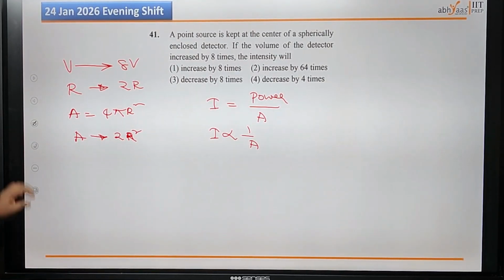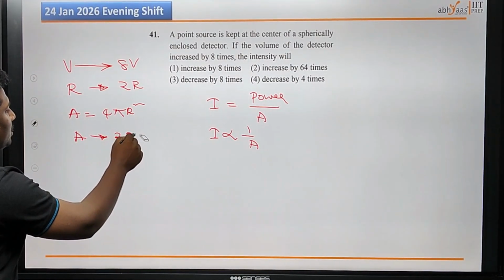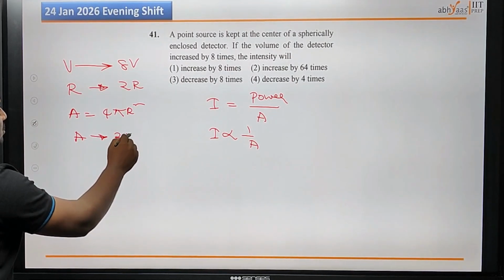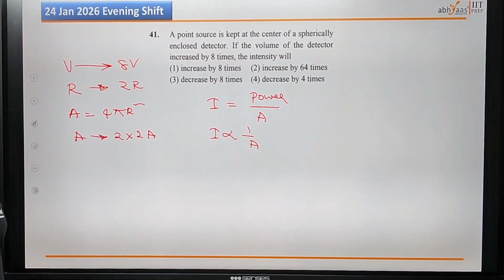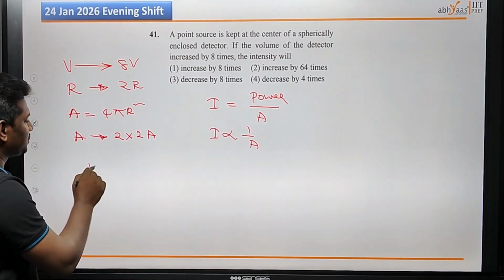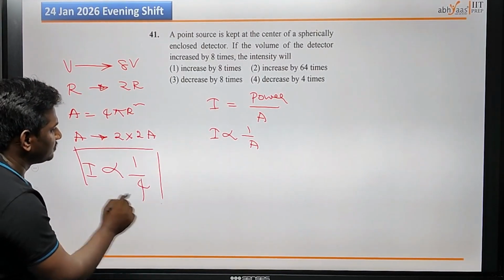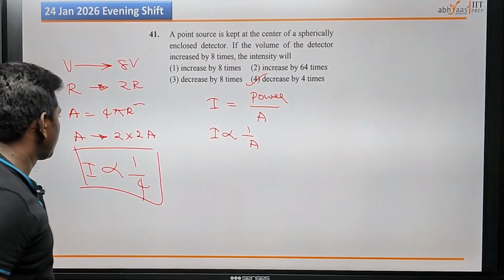Area is increased by 4R times into 2. That is nothing but 4R. Okay. So what is this one? Intensity is decreased by 4 times.